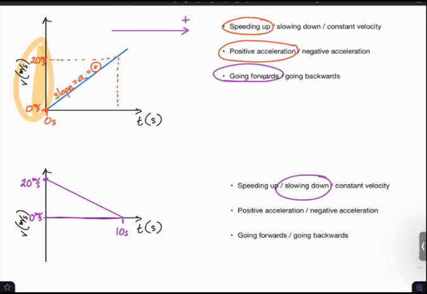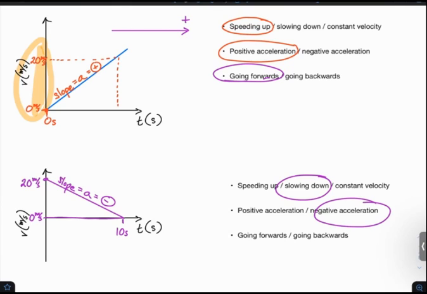And is this a positive or negative acceleration? Well, the way that we look at that is we look at the slope of the line. Again, this slope is equal to my acceleration. And because it's going downhill, that's a negative acceleration. So it's slowing down with a negative acceleration. Is it going forwards or going backwards?